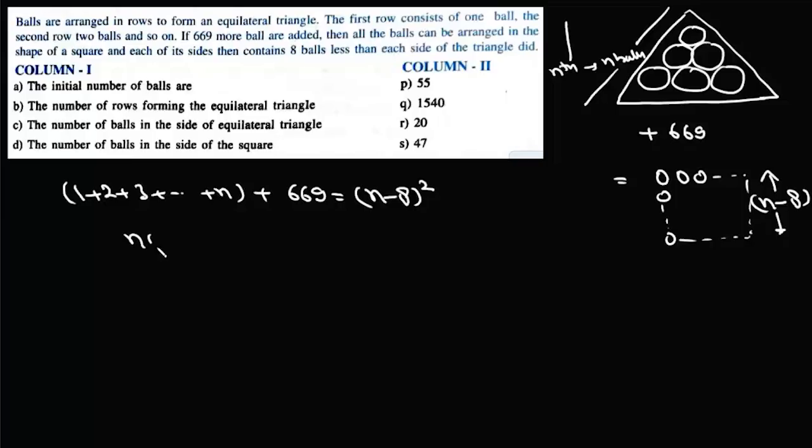Now this is n into n plus 1 by 2, plus 669, and this is equal to n square plus 64 minus 16n, or we can write n square plus n plus 669 minus 64.